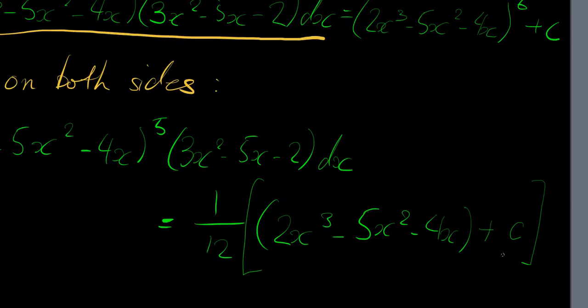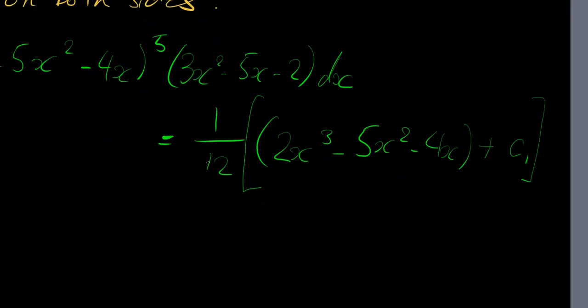But this c and this c over here are actually a little bit different. You can say this one over here is c1, the constant that we used first of all. But what's the difference between a constant that can be any real number and a constant that's divided by 12? Well, there's really no difference.